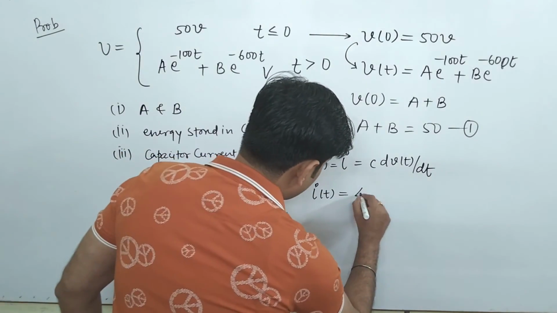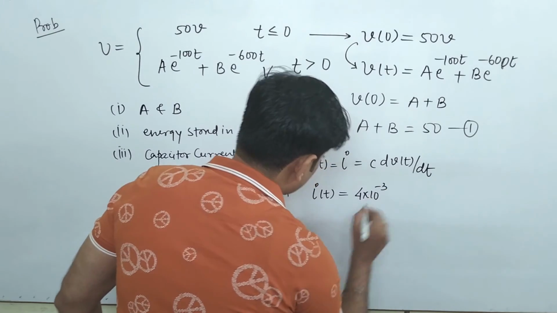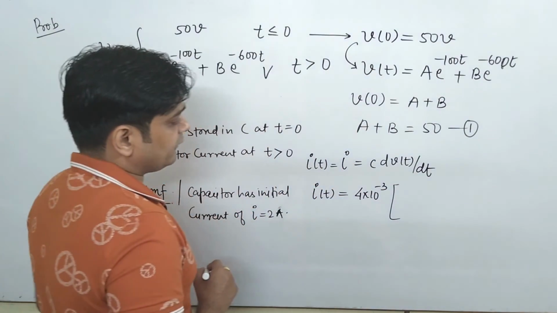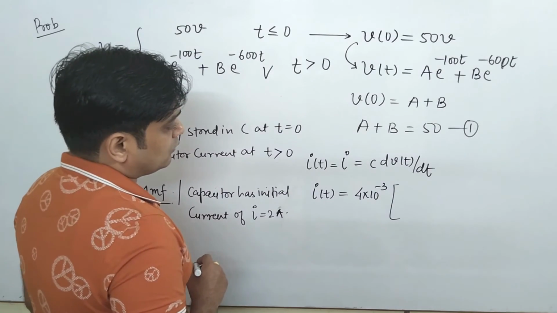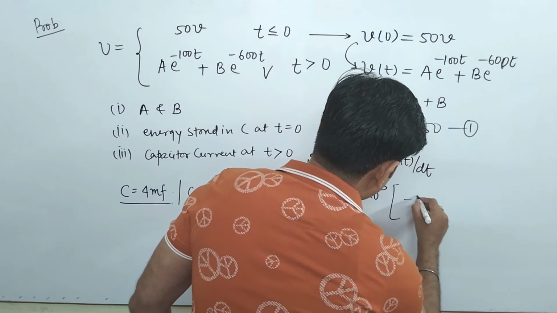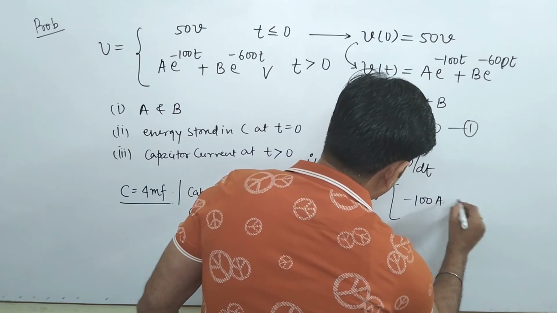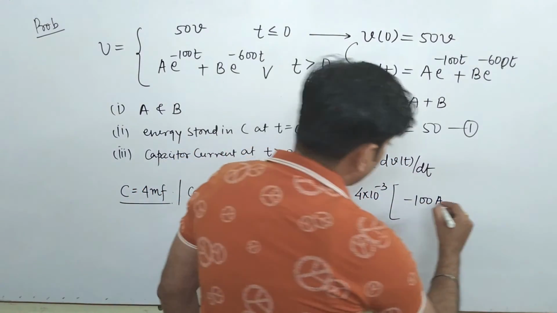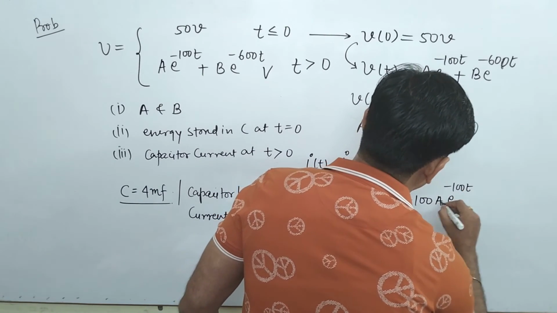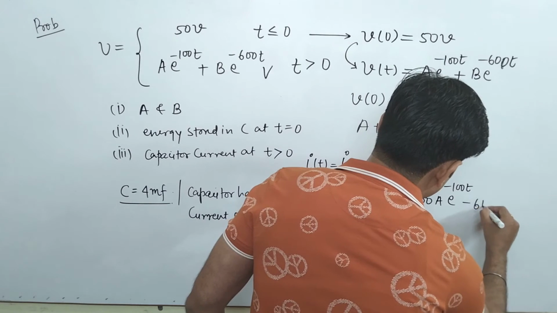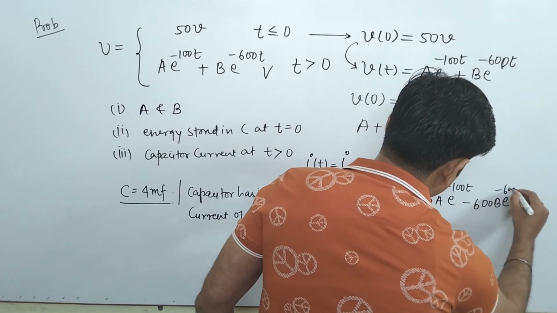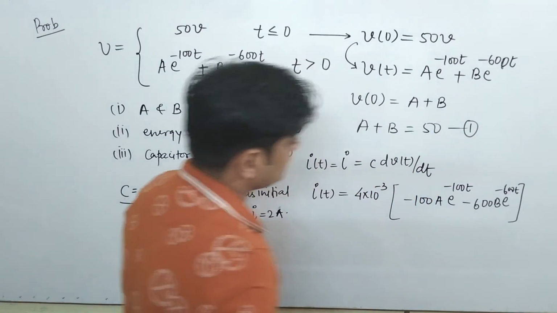See, it is 4 into 10 to the power minus 3. If I differentiate this equation, please see, that comes to be minus 100A e to the power minus 100t minus 600B e to the power minus 600t in one bracket. Yes.